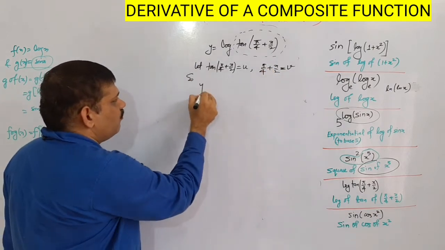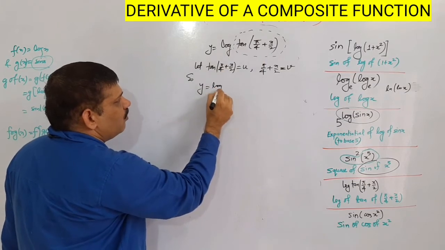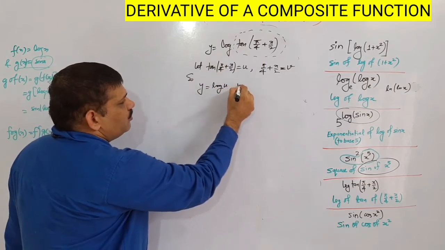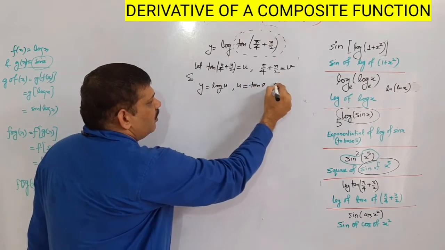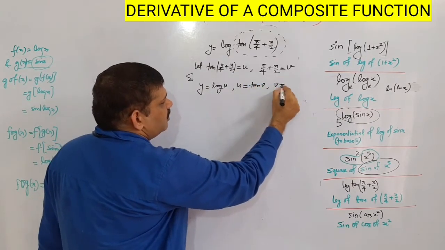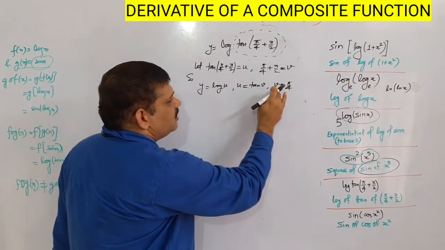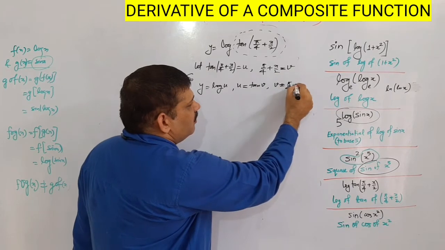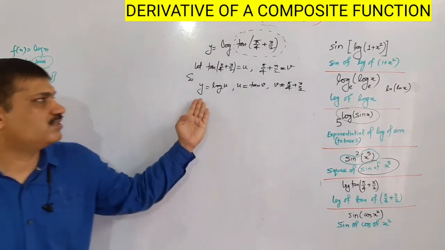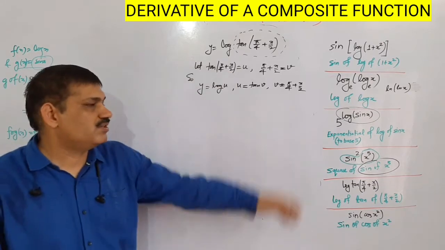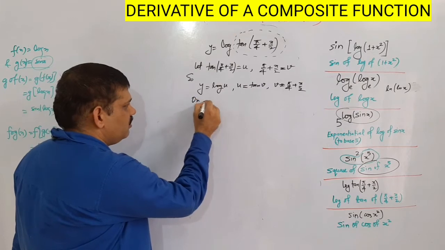So y becomes log of u, and u becomes tan of v, and v actually is pi by 4 plus x by 2. So y is a function of u, u is a function of v, and v is a function of x.